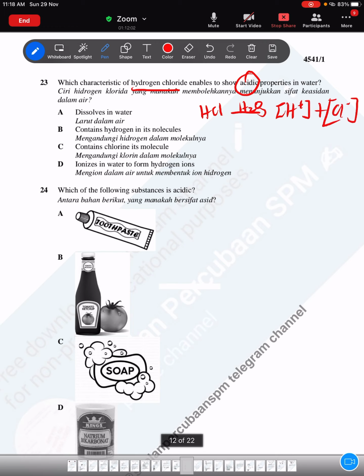Therefore, the presence of hydrogen ions shows the acidic properties of HCl, because in water, HCl will ionize or dissociate.